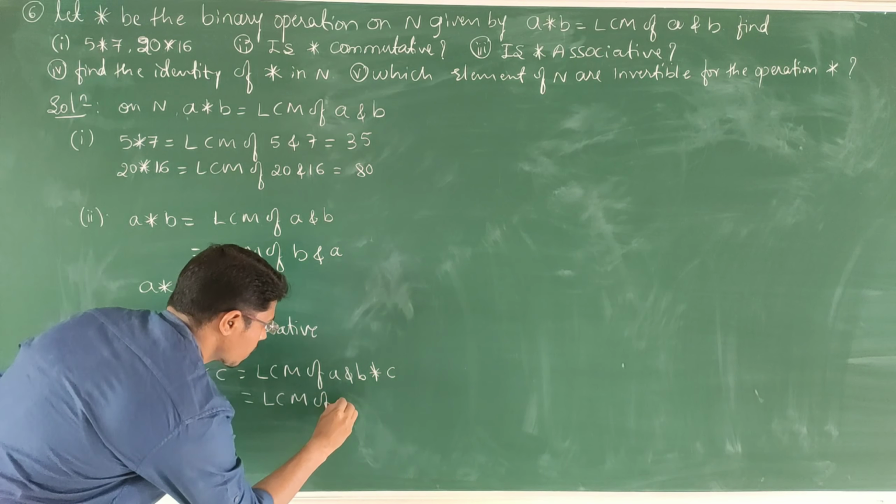Now let us see how to write this. Let me bracket b and c. Going through one side, this is the LCM of a, b and c.